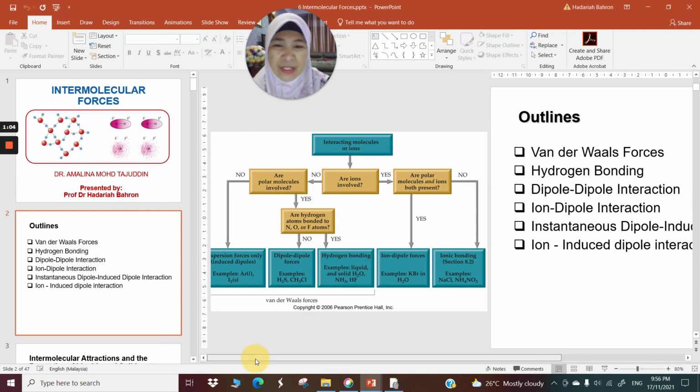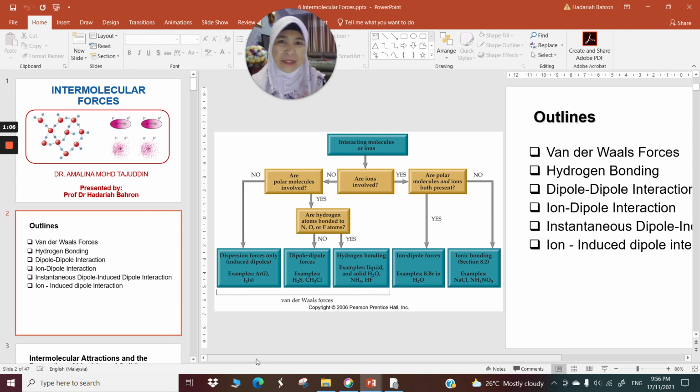If you're wondering what they are, there is a way of categorizing the interacting particles and the forces that exist when these particles interact.